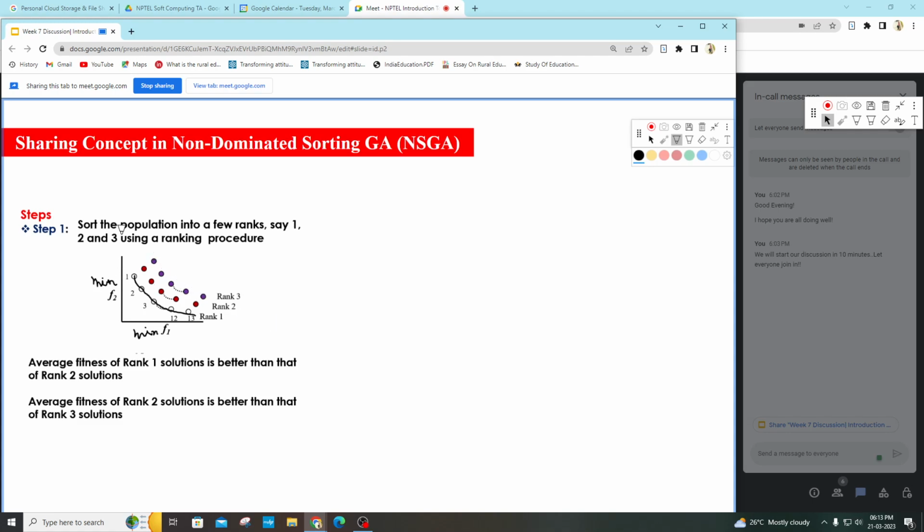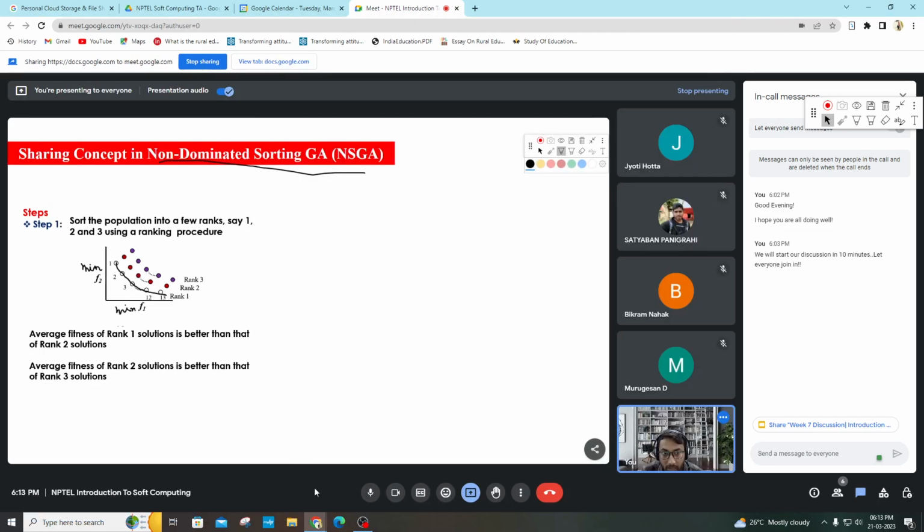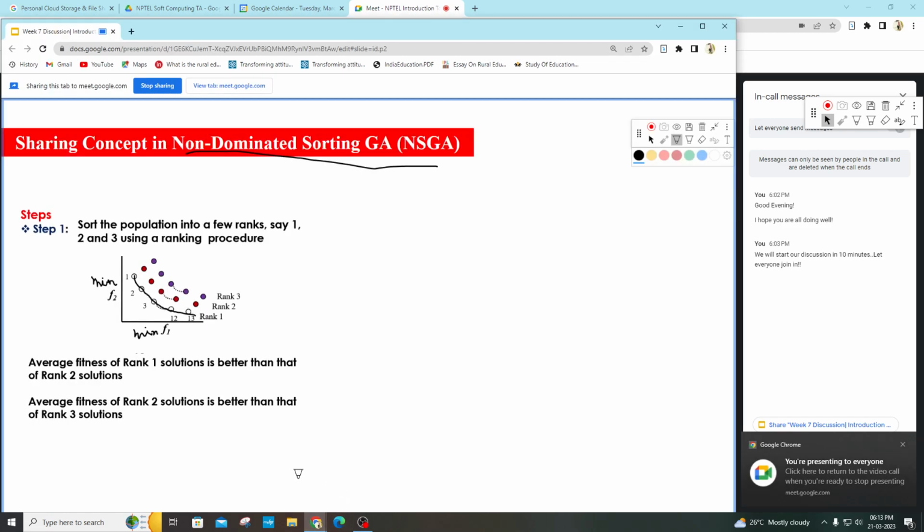Now what we do in the non-dominated sorting genetic algorithm is give a ranking to all these fronts, and we give rank 1 to the Pareto optimal front. What is the Pareto optimal front? The Pareto optimal front is the locus of non-dominated points.